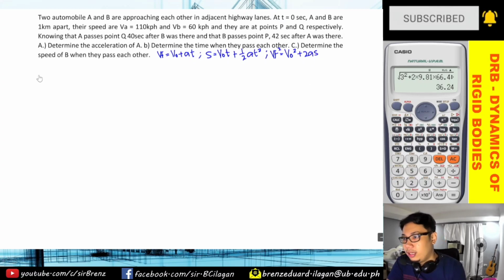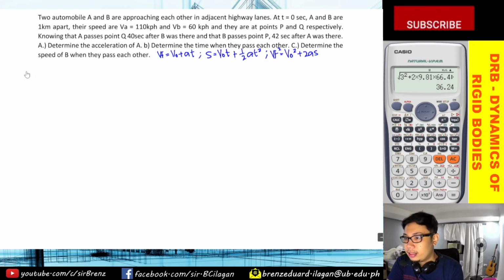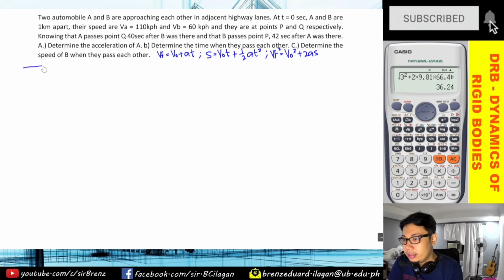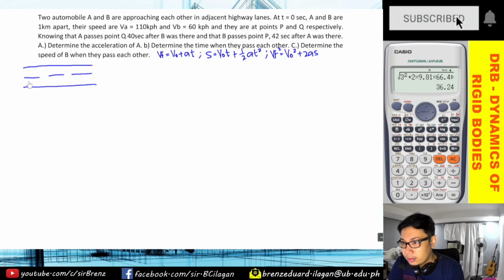Okay, so siguro mas maganda kung i-drawing natin siya ng naka-top view. So, gawa lang ako ng 2 separate lanes. Ayan. Sabihin natin 1 kilometer na yan. So, ito si car A. Okay.